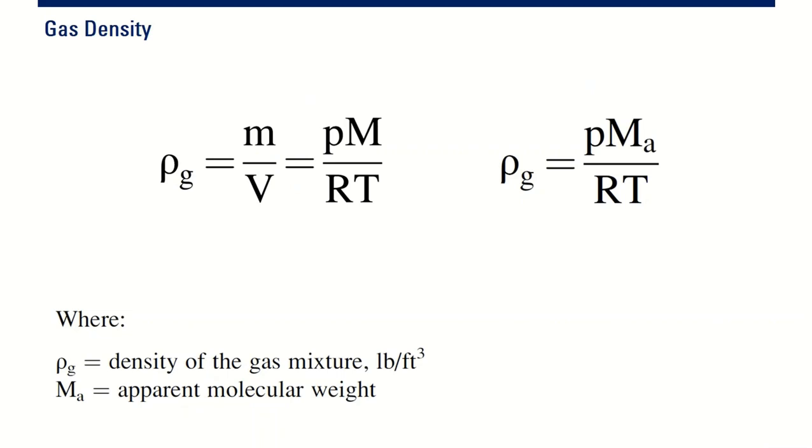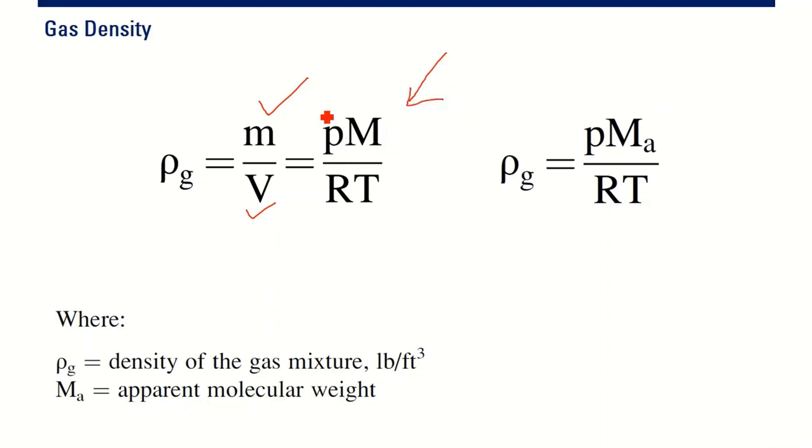And then from that formula, we can calculate gas density. The density is mass per volume, m per V, and then we expand the m like this.